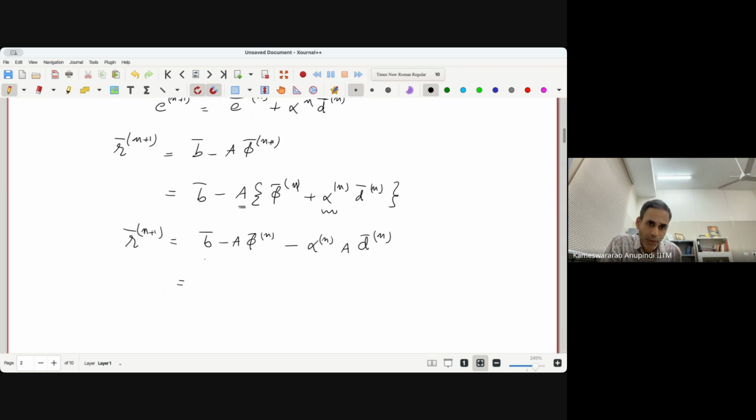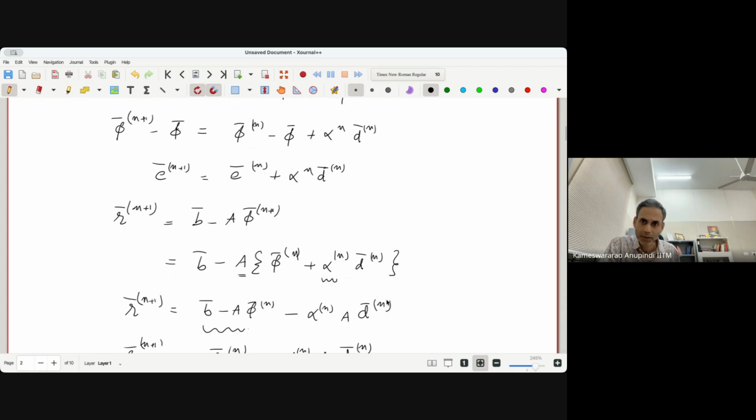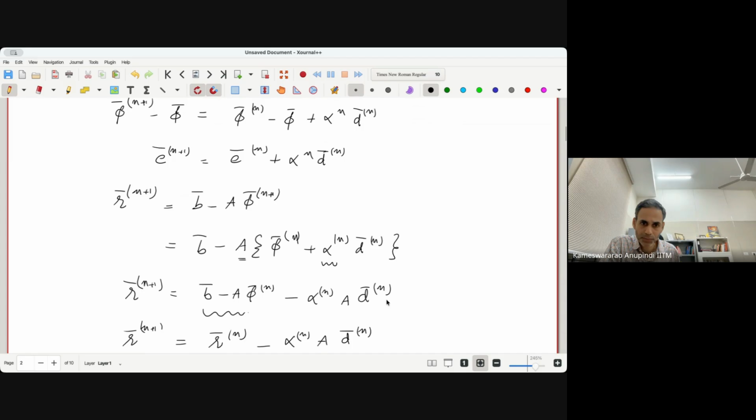But what is b bar minus A phi bar n? This is nothing but the residual at level n. So residual at n plus 1 equals residual at n minus alpha n A times dn. Let me call this equation number 2.